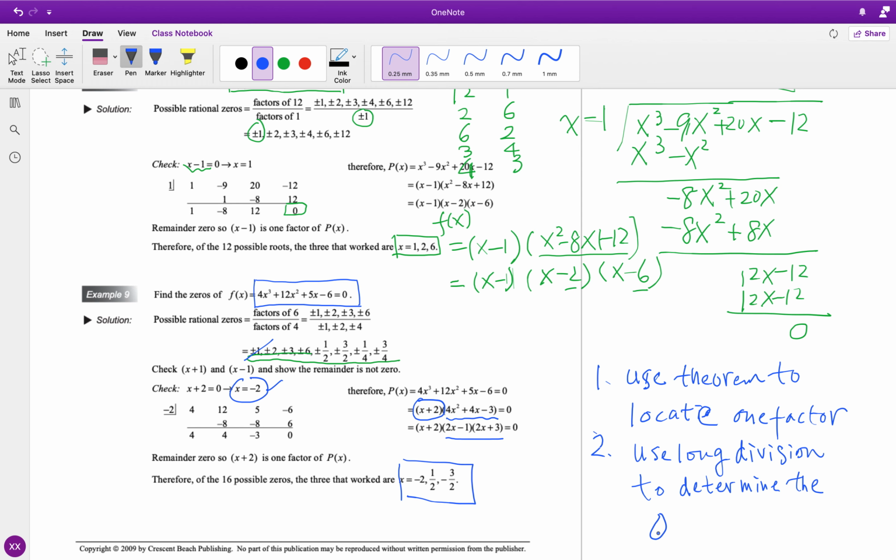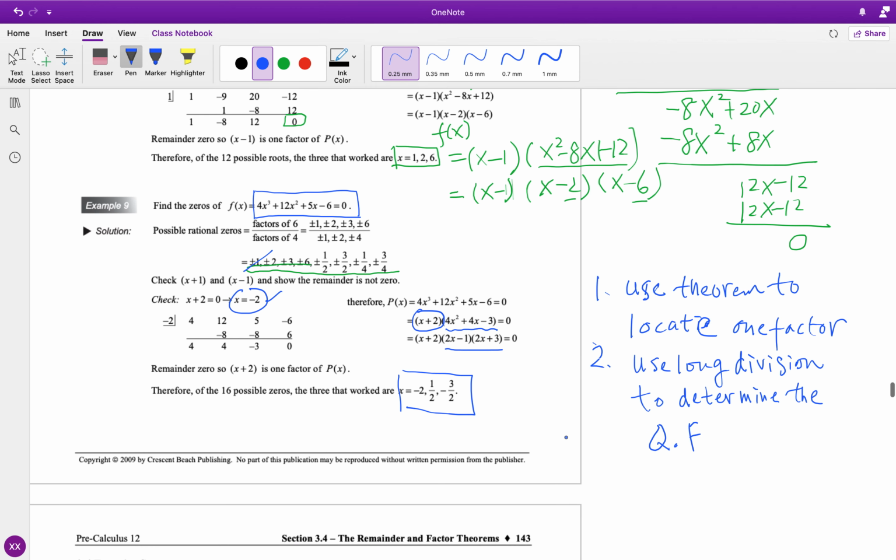All right. Now the third one is to factor the quadratic function. And then you have 3 roots. 3 roots are determined.